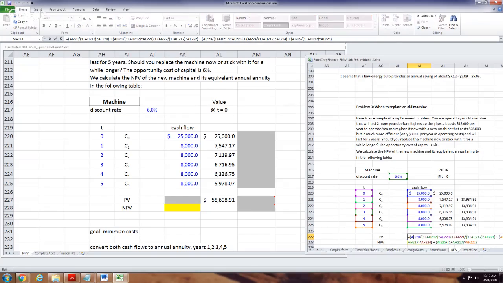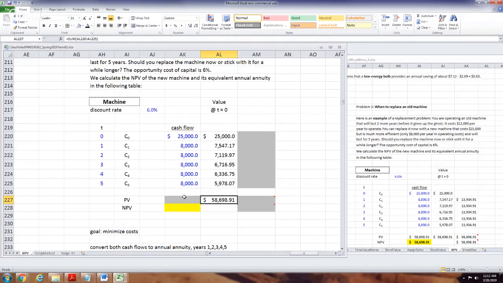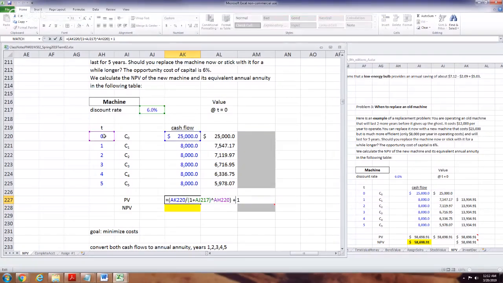Okay, so here's the old NPV version of this, and we'll do it. Equals 25,000 divided by 1 plus 6%, and this is to the 0 plus 1. Okay, and then what you're going to do, because you need 5 of them, and 3 more.